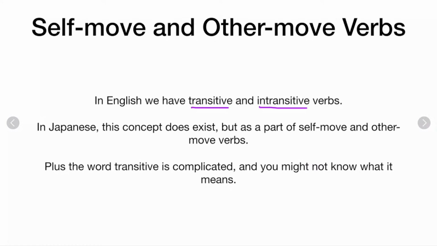This is an idea that is also present in Japanese, but as part of a bigger idea, which is self-move and other move. And because the word transitive is a complicated word, it doesn't necessarily make sense, we're going to use this terminology, self-move and other move, which comes from Japanese, and we're just translating that.